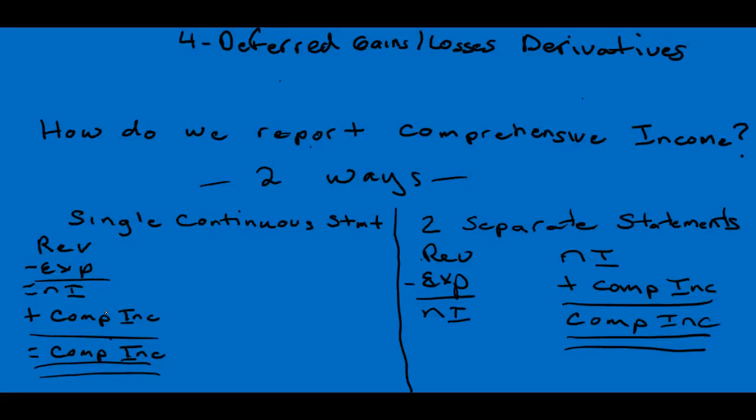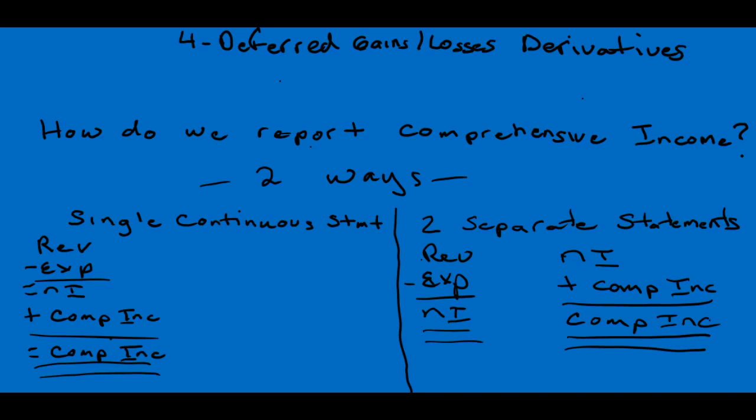Proponents of the two separate statement method would say it's much clearer. You can see net income by itself and then adjust it for comprehensive income, and thereby the readers can see pure net income and comprehensive income. People that don't like the second method say comprehensive income is really just as important as regular net income, and it should be shown giving as much emphasis.